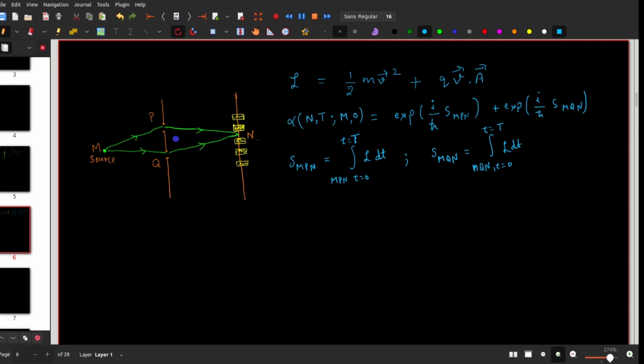The probability to reach point N will be proportional to the mod square of this amplitude alpha.